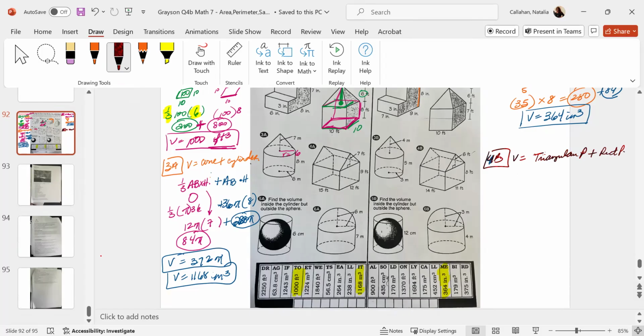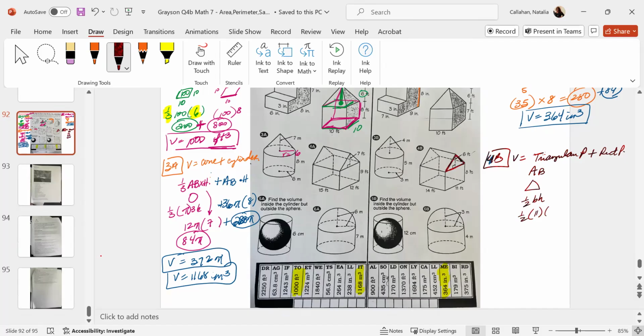Area of the base times height. But you have to be careful with this one. The area of the base has to be that of a triangle. So you're looking at this triangle. How do you find the area of that? 1/2 base times height.